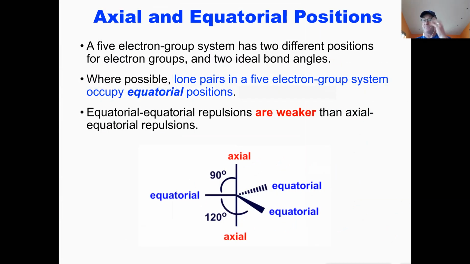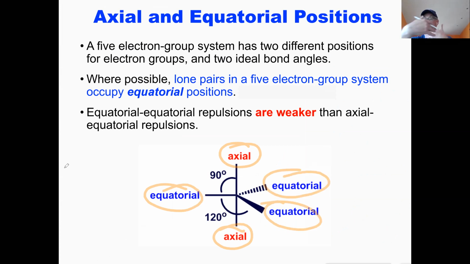So with the 5 electron groups, as I mentioned, generally we put our atoms in the axial positions, and we put the lone pairs in these equatorial positions, because the equatorial positions get to be further apart from each other. So these repulsions are weaker because they're further apart than these repulsions because they're closer together.